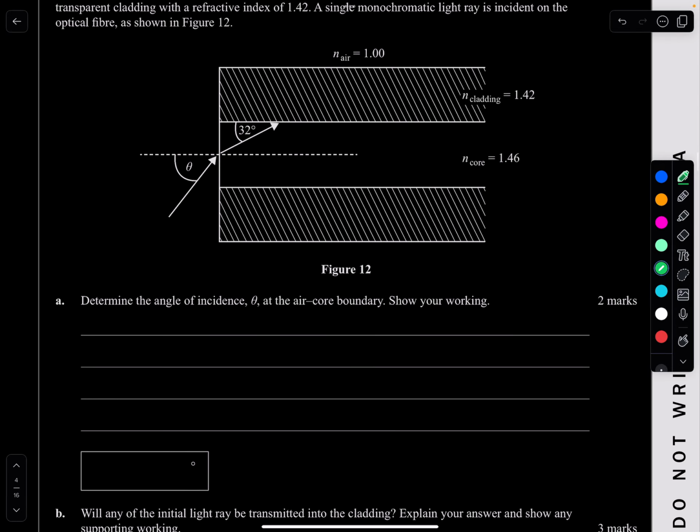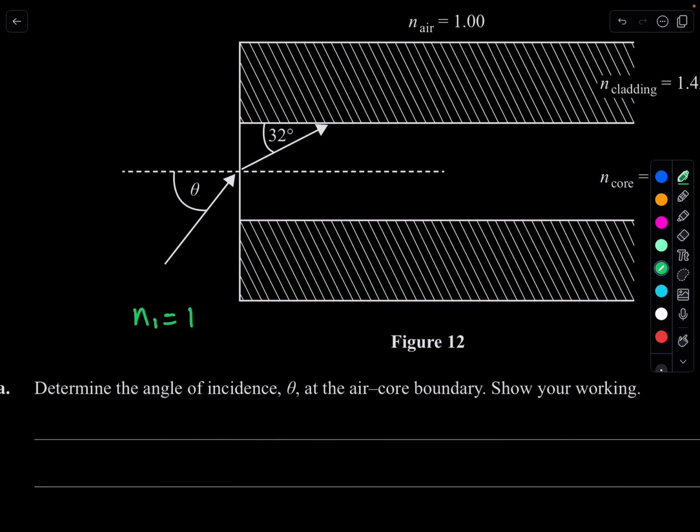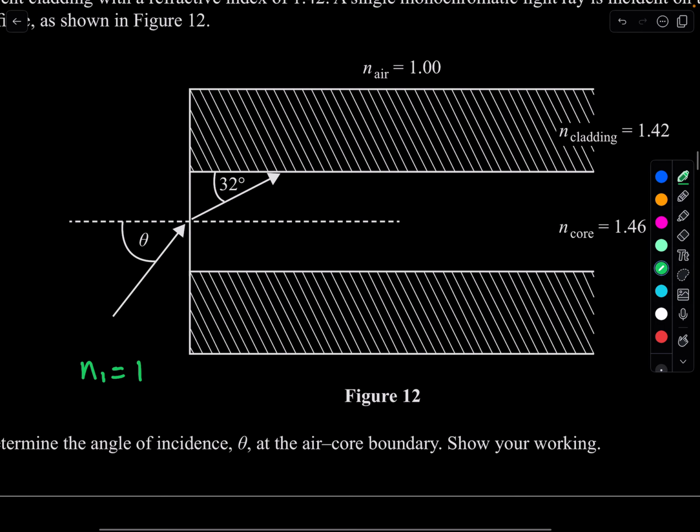Alright, let's have a try at this. Determine the angle of incidence, theta, at the air-core boundary. Show working out. So we want this angle. What do we have? The refractive index of air, which I'm going to call N1, is 1. The refracted angle to the normal is going to be 32 degrees. Because if this is 32, this must be 32. You can do basic trigonometry to prove that.